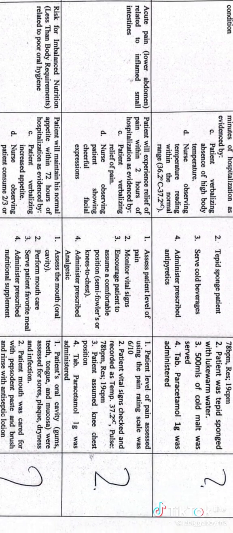Then we go to diagnosis 2. The second diagnosis is acute pain, in bracket low abdominal pain, related to inflamed small intestines. And then our objective is that patient will experience relief of pain within 2 hours of hospitalization as evidenced by patient verbalizing relief of pain, and then the nurse observing patient showing cheerful facial expression.